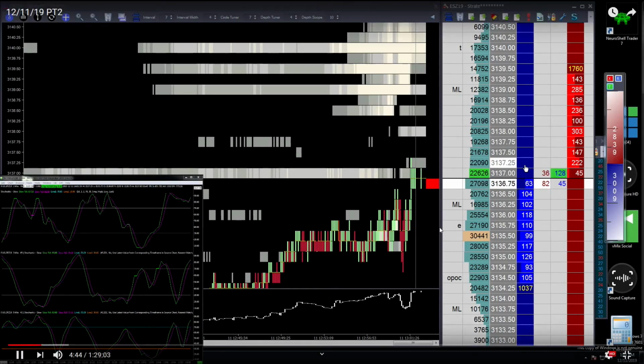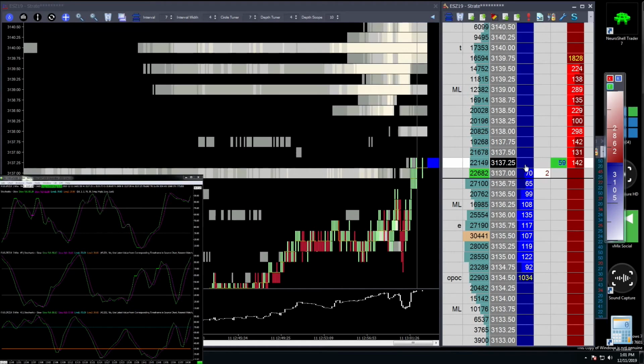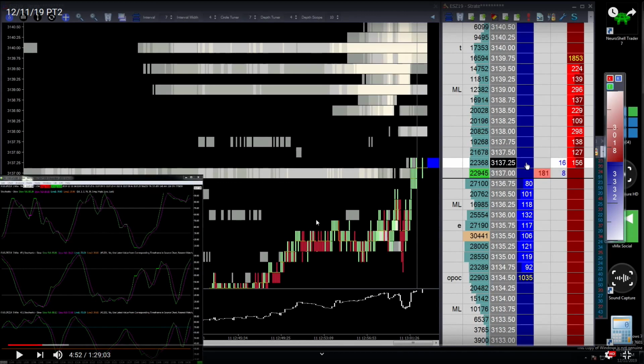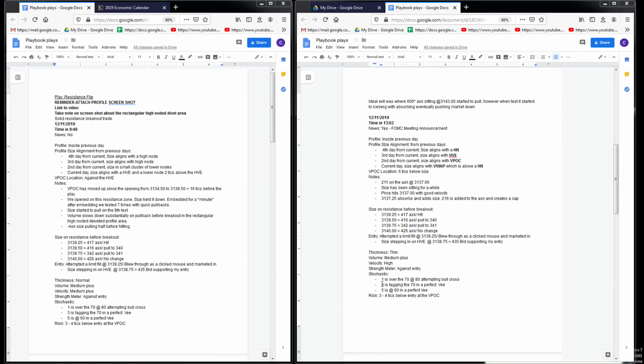Velocity's pretty slow. So the strength meter's in my favor. We can do that. Strength meter against entry, in favor of entry.